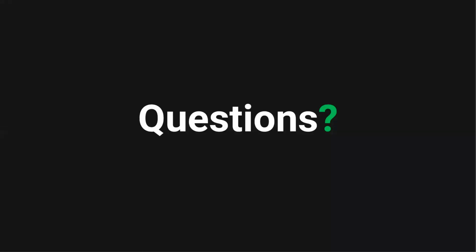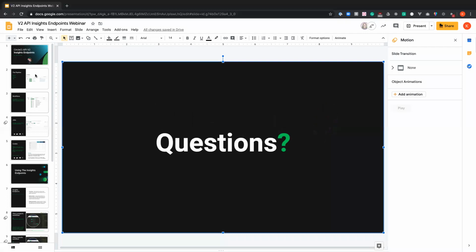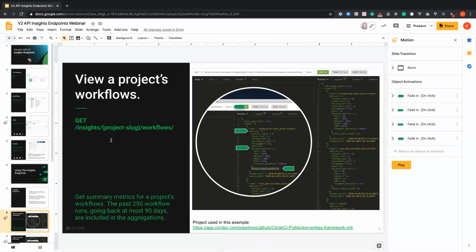Is there an endpoint which returns all valid project slugs? Yes, there is. We were taking a look at the Insights API specifically. Okay, so we're taking a look at the /insights endpoint here.